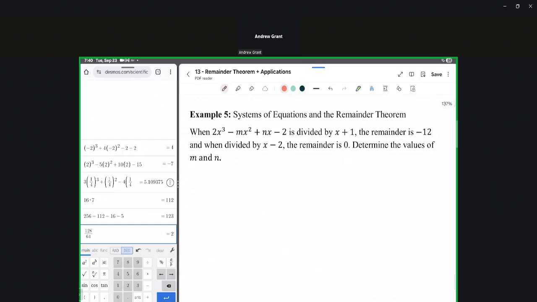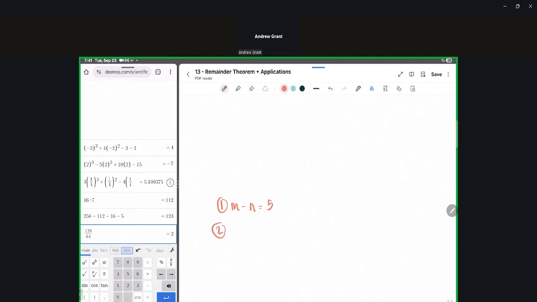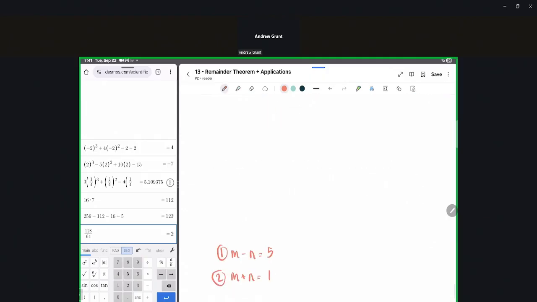I should preface this by stating that solving this kind of question is the same thing as solving, say, m minus n is equal to 5, and m plus n is equal to 1. So the equation above with polynomials is actually going to reduce down to this one down here.